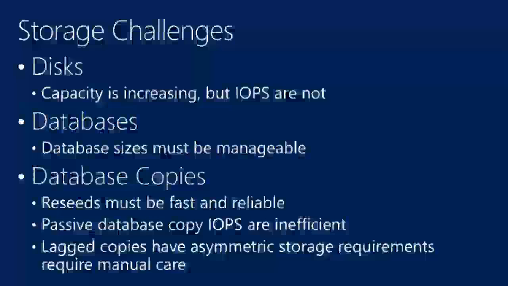So what are some of the challenges we have around storage? Well, there's a few. Let's start with the disks themselves. One of the challenges we have around disks is dealing with the fact that they're getting larger, but they're not getting faster. So when you're talking about platter-style disks, like a SATA or a SAS disk, we're really topped out at about 15,000 RPM.